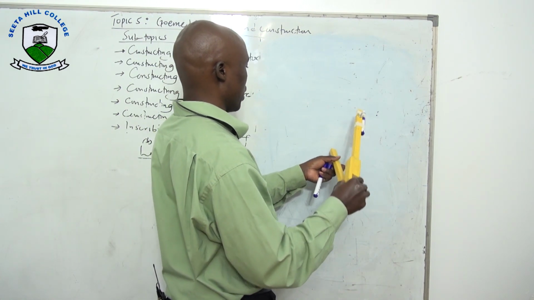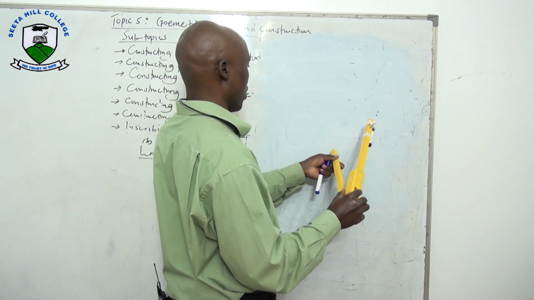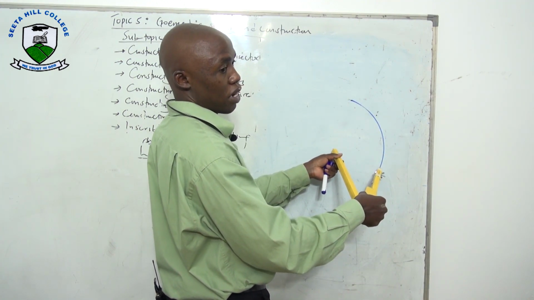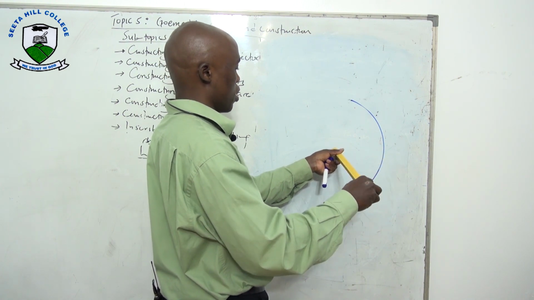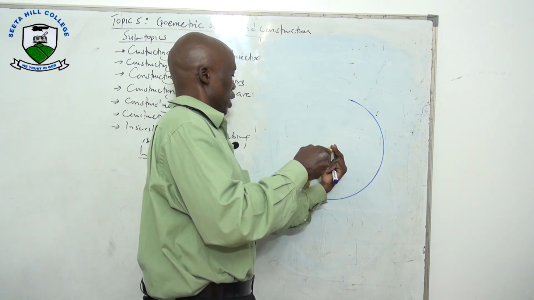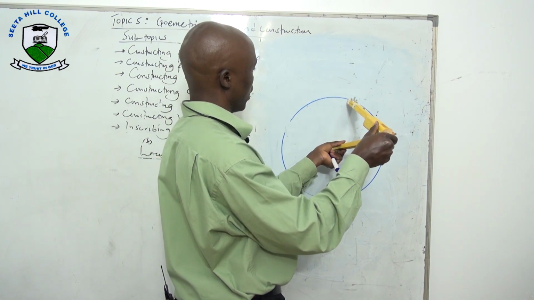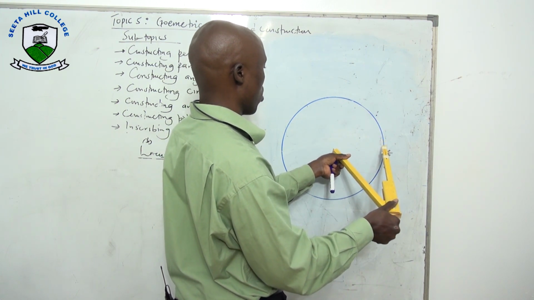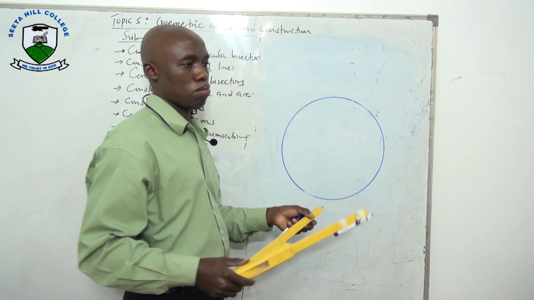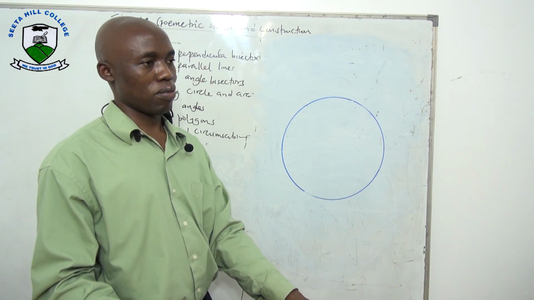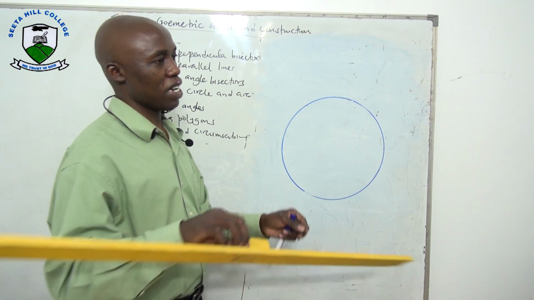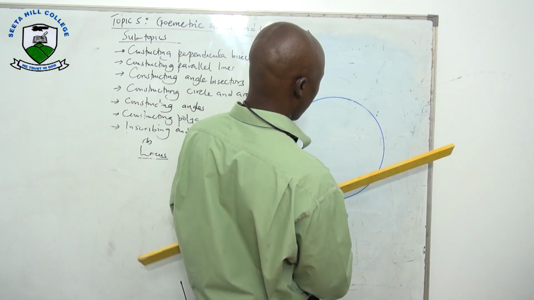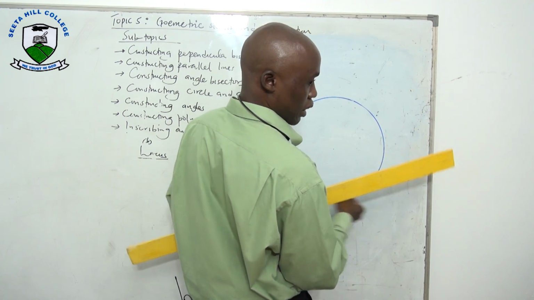Again, my compass is adjusted to the radius that is given to you. That means when you say construct in a circle of given radius, use the radius that we have given you.